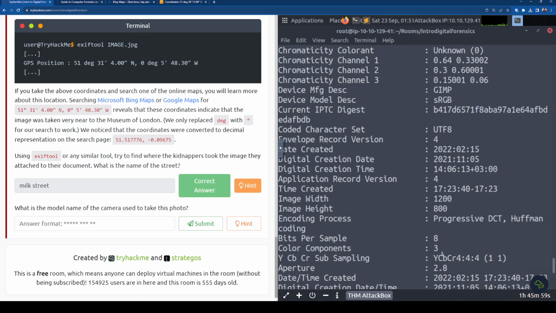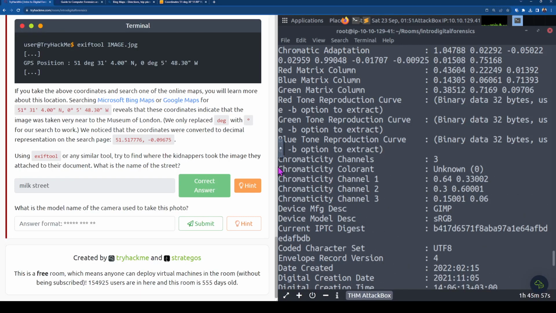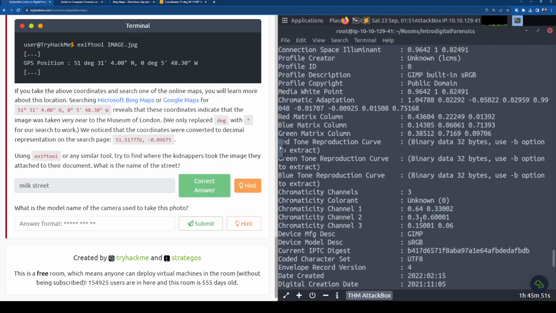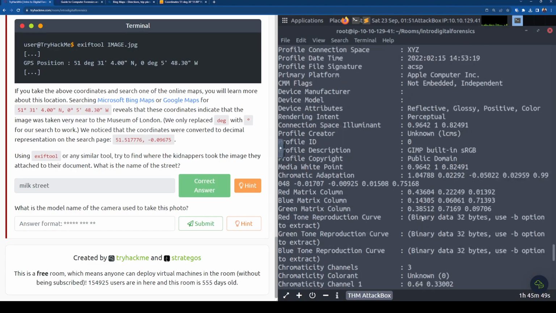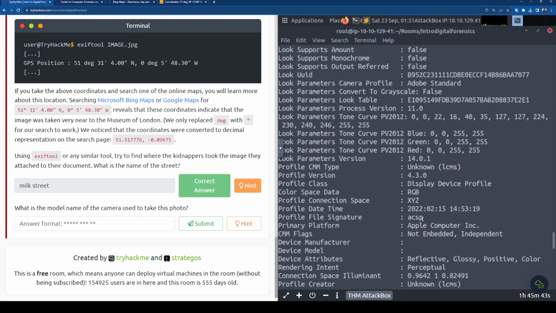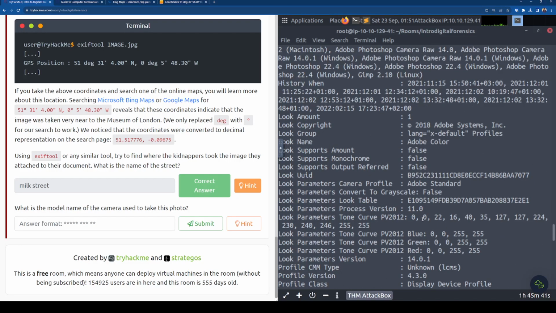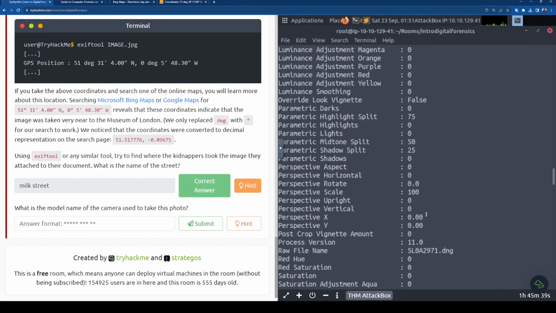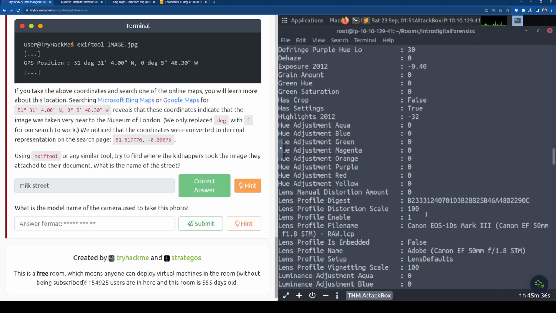What is the model name of the camera used to take this photo? Let's see, we need to comb through this. I do need to zoom out here. Okay, that's a little better. Let's see, what do we see? There's like so much information in here.